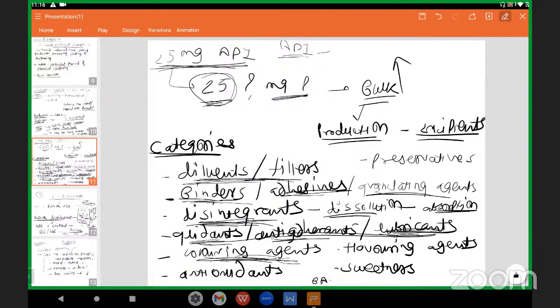Anything else? To improve patient compatibility. Okay, or patient acceptance के लिए we are using. Then second one, what is the role of flavoring agent or sweeteners? Why are we using them? To mask the bitter taste, right? Antioxidants का क्या है? To avoid oxidation from light or moisture.